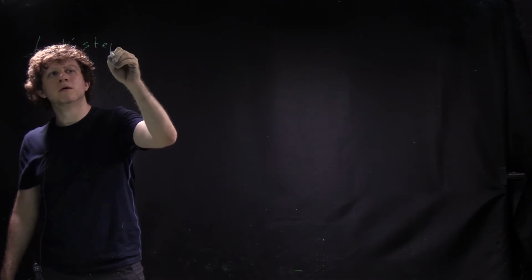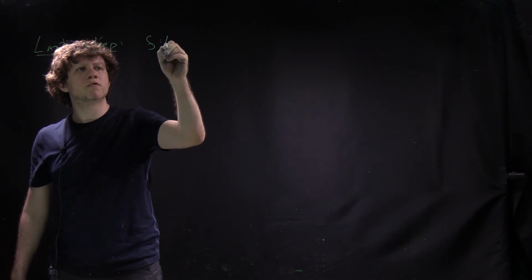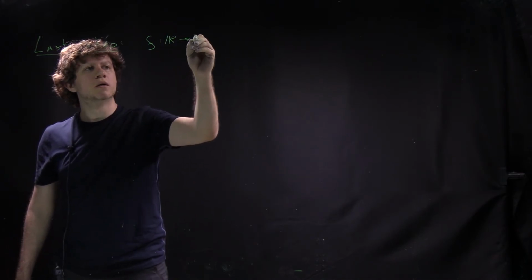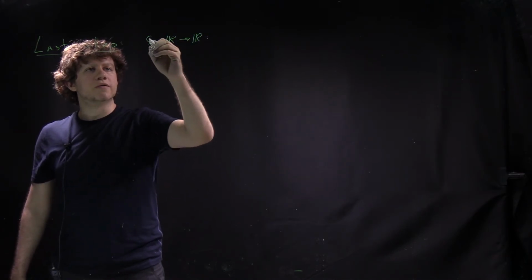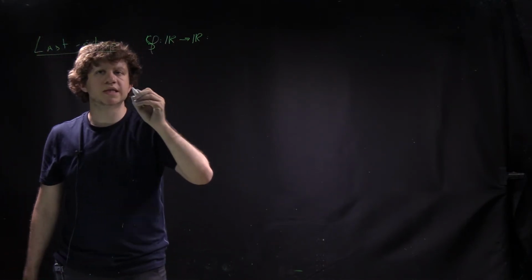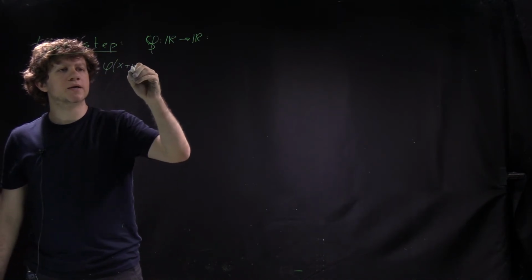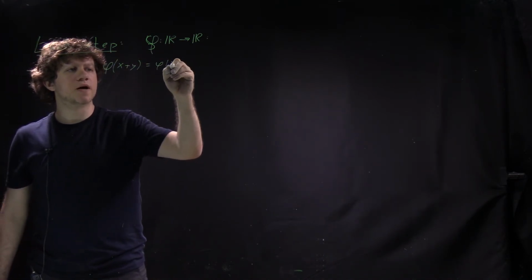Okay, that's the last step. So let me reformulate it again. The last step is as follows. We take a function phi from R to R, and let me substitute lambda 1, lambda 2 as x and y, that's kind of more familiar. Phi of x plus y equals phi of x plus phi of y.